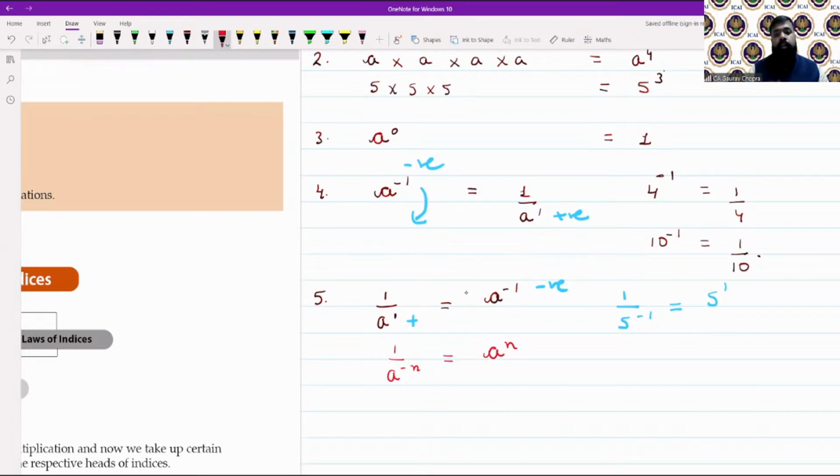So power is changing its sign while moving from denominator to numerator or vice versa. So if we write 1 upon 5 to the power of minus 2, it can be written as 5 square, and 5 square is 25.